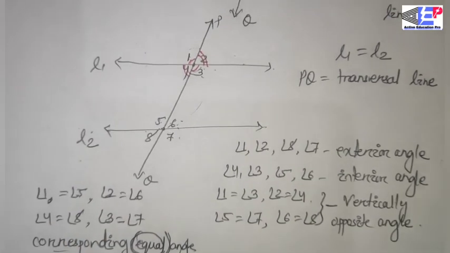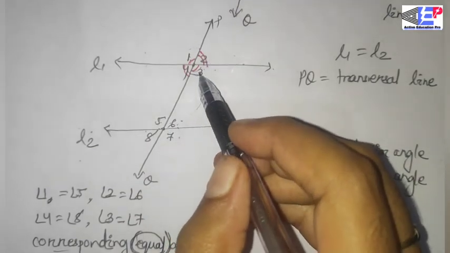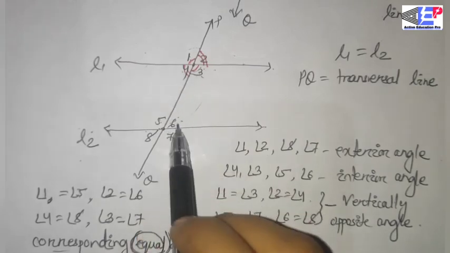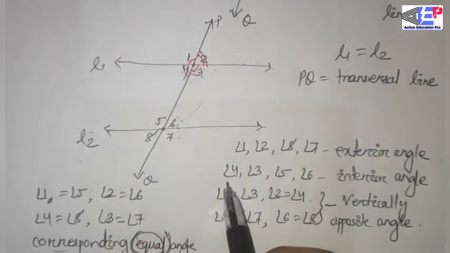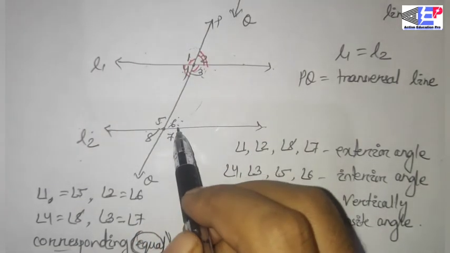And the another one here, 4, 3, 5, 6 are the interior angles.